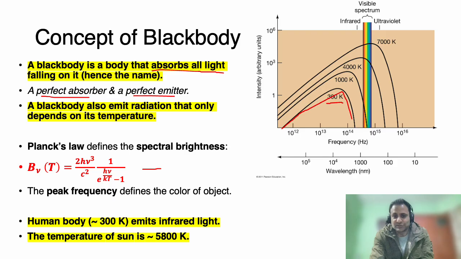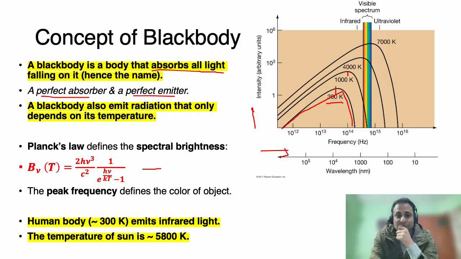So you see that it has a peak and then the spectrum falls down. And if you keep increasing the temperature, then the peak moves to the higher frequency. On the right side you have the frequency, and on the y-axis you have the intensity or the brightness.